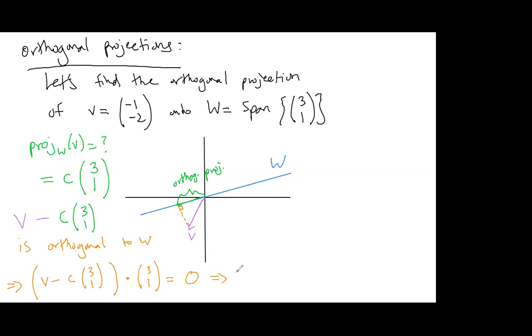On one side we have V dot 3, 1 equals C times 3, 1 dot 3, 1. So that tells us what C is. C is V dot 3, 1 over 3, 1 dot 3, 1.